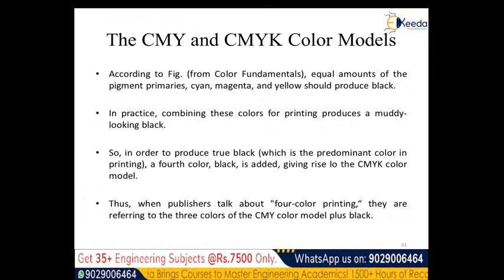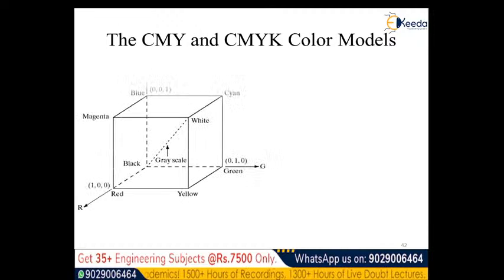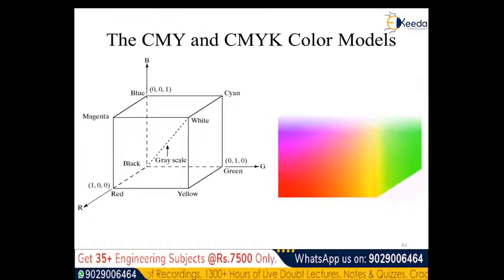Now I will show you one basic illustration. In that diagram, you will find all the color components we have been talking about throughout this chapter. This is just a color cube. On the right hand side, I will show you a colorful visualization.